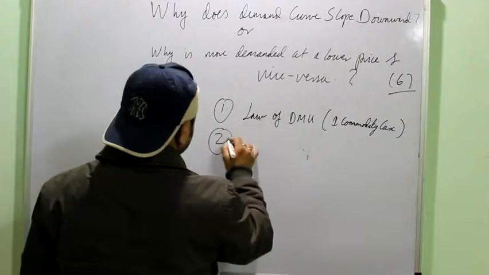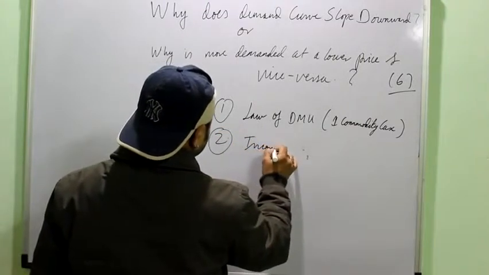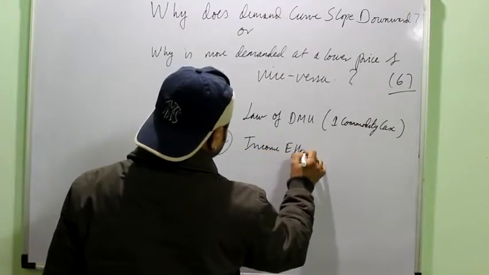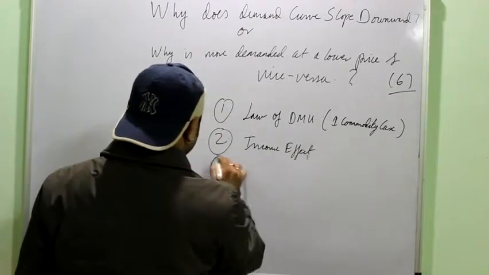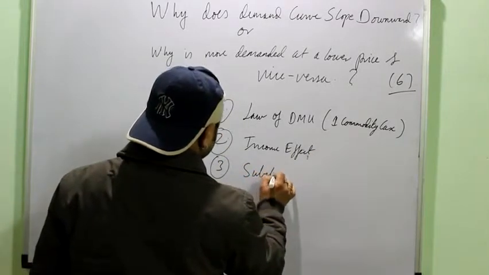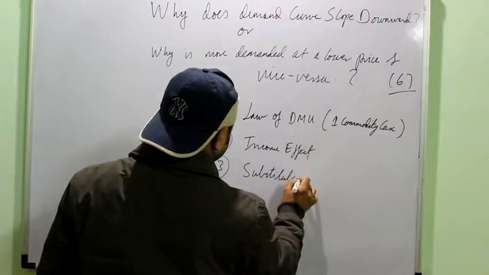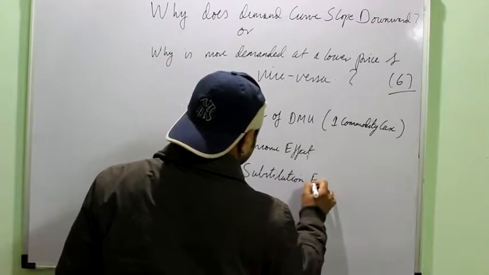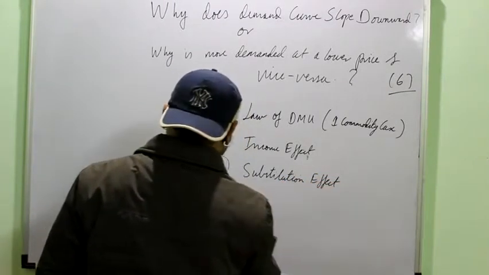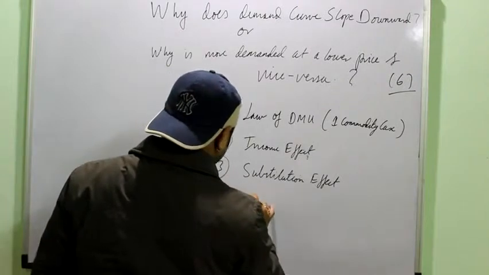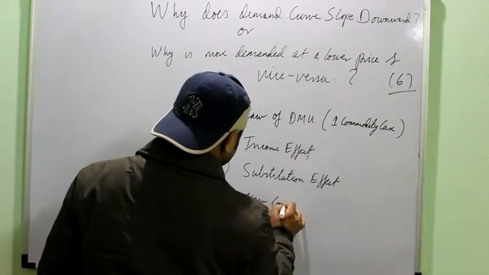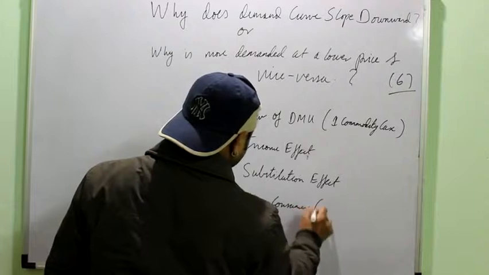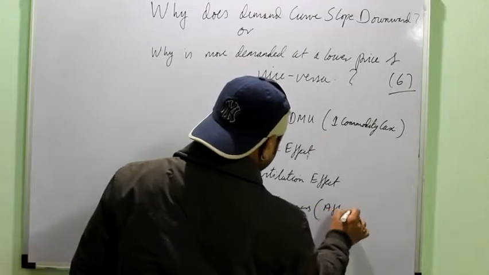Second is income effect. Third is substitution effect. Last is new consumers, or it is related to affordability.